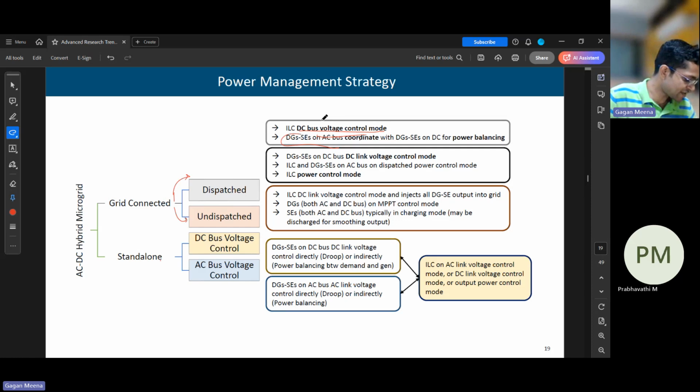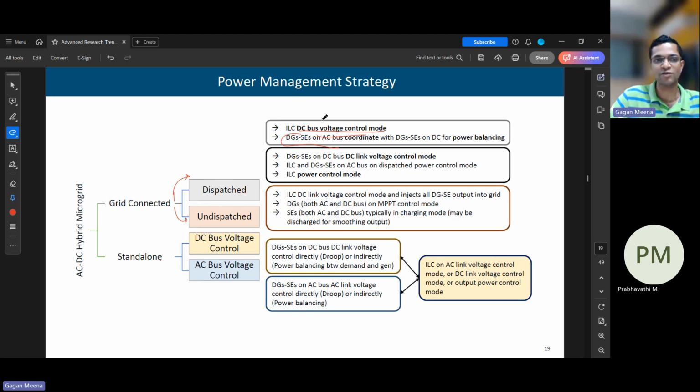So in that case, to achieve a particular goal, what type of support we want to provide to the main grid will be decided or communicated by the microgrid control center to each of the DGs. That control center will generate a reference for these DGs, and these DGs will have to track that reference.